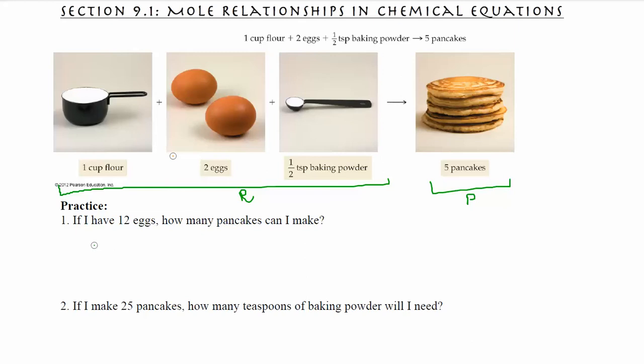So, I start out with my given, which is 12 eggs. And I'm wanting to get into pancakes, so I'm going to do my dimensional analysis, crisscross swoosh. I'm going to put eggs on bottom and pancakes up top.